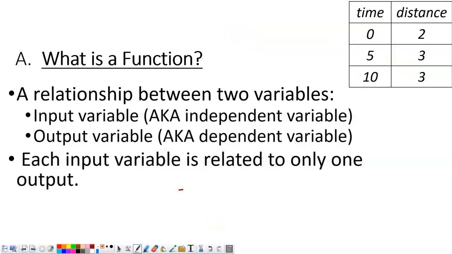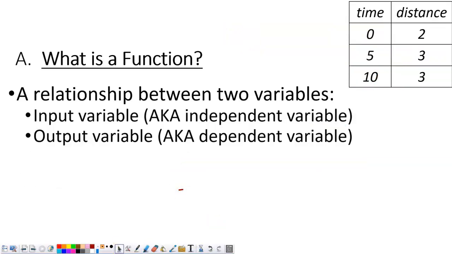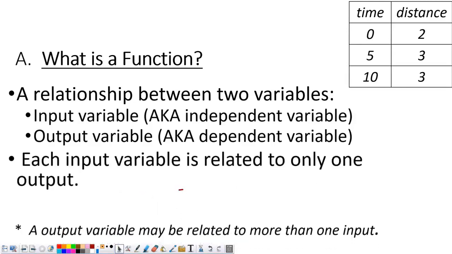Now, that's not true in the reverse, though. So, for instance, if I were to say to you guys this little statement down here, an output variable can be related to more than one input, though, right? So, for instance, 2 is related to 0, but 3 is related to 5. And we can kind of just ignore this line right here real quick.